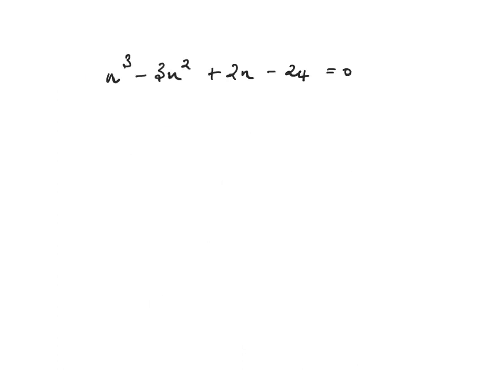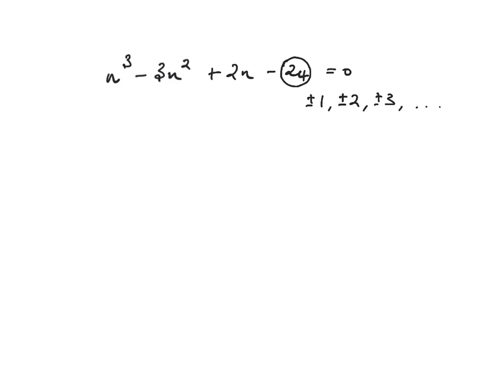So that's what we've got. That's a cubic function which we have to solve. I hope you remember your work on polynomials from S5, so we're going to have to find the factors of 24. That'll be plus and minus 1, plus and minus 2, plus and minus 3, and there are one or two others, plus and minus 4, plus and minus 6, plus and minus 8, plus and minus 12, and plus and minus 24.